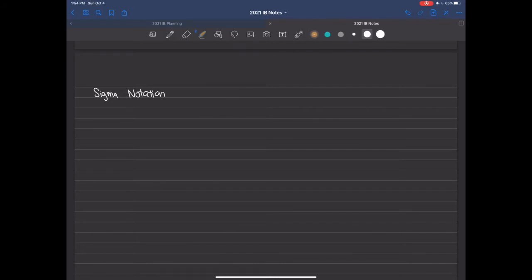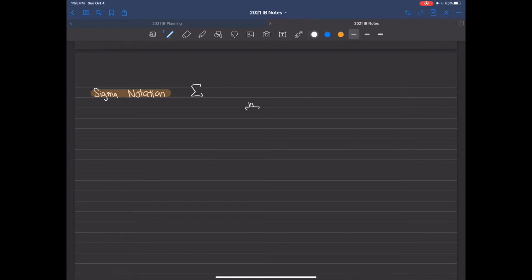Sigma notation. So sigma is a Greek letter. The capital version of it looks like that. And it's used to denote sums that we can use to describe arithmetic series just in one succinct math expression. So you might see something that looks like this. Let's do an example.